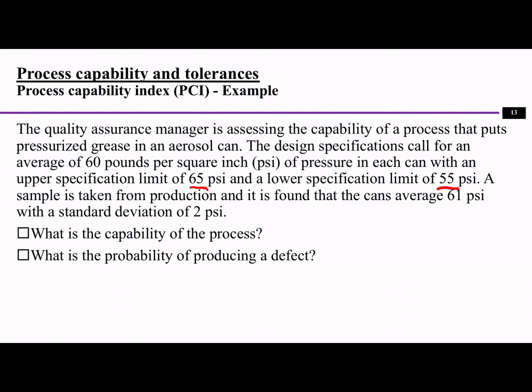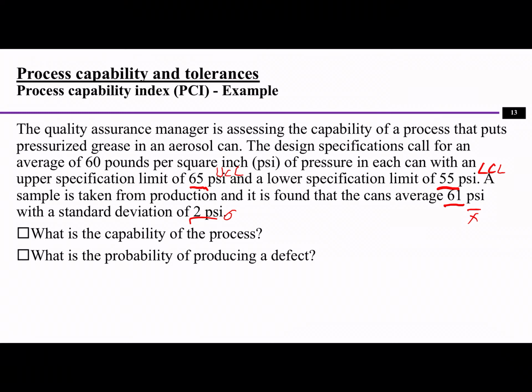A sample is taken from production, and it's found that the cans average 61 psi with a standard deviation of 2. All right, we have a sigma, an upper control limit, a lower control limit, and also we have X bar.